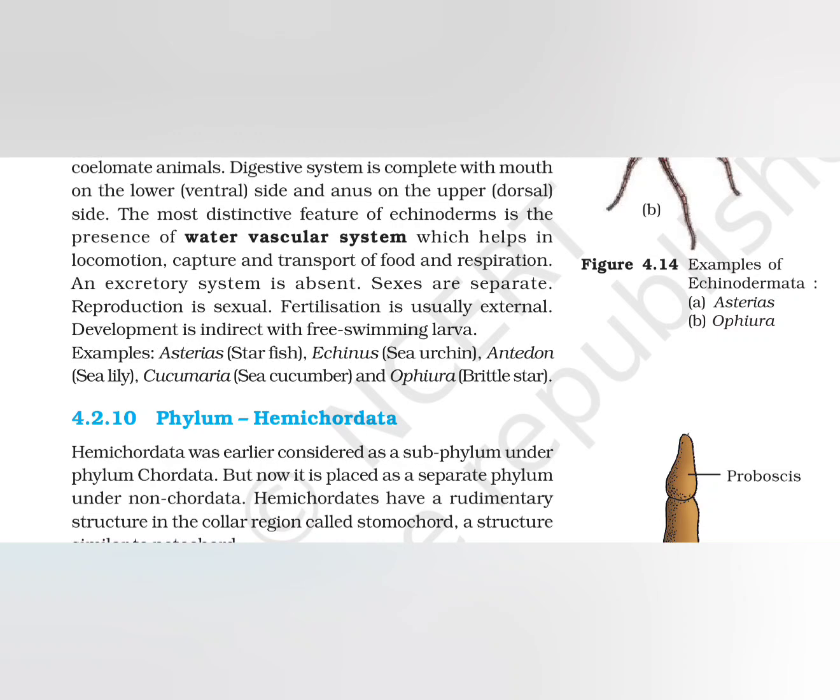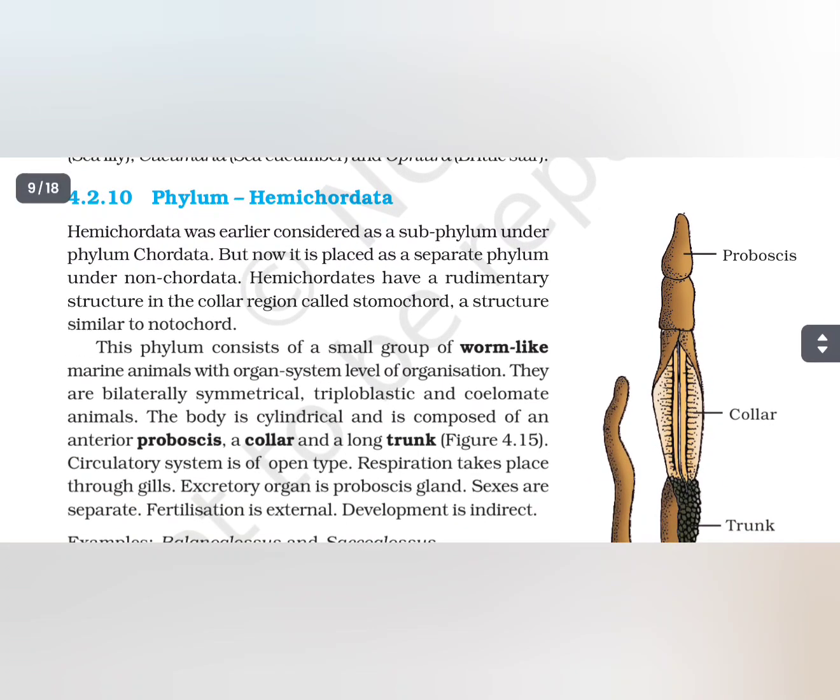Reproduction is sexual. Fertilization is usually external. Development is indirect with free living larvae. Examples: Asterias, starfish; Echinus, sea urchin; Antedon, sea lily; Cucumaria, sea cucumber; Ophiura, brittle star.